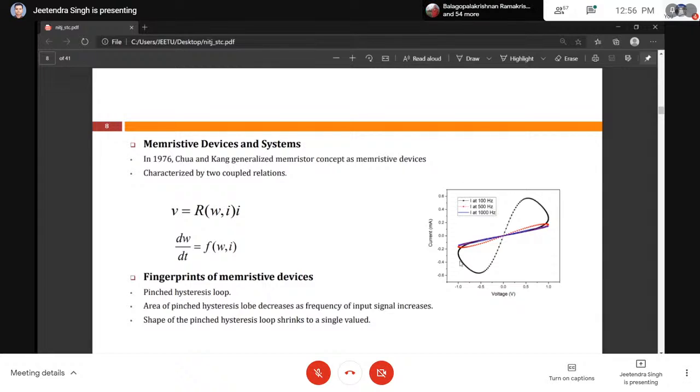If we increase the frequency of the periodic signal, the lobes of this pinched hysteresis loop will shrink. At 100 Hz it has the larger lobe area, but as we increase the frequency, the lobe area shrinks. So a device which shows this kind of property comes into the category of memory systems, memory devices.